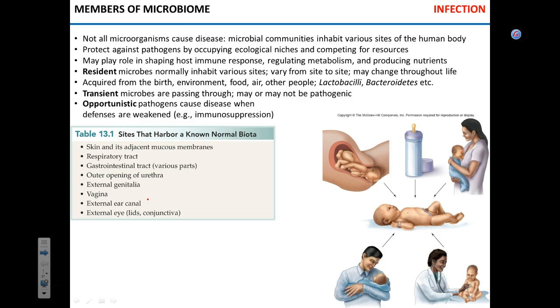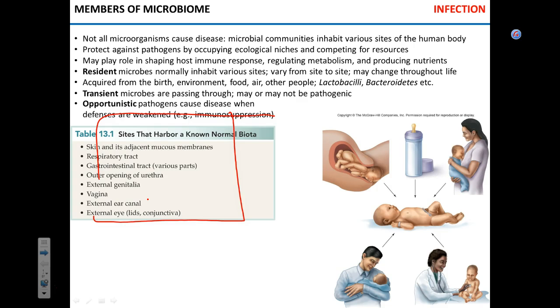There are different communities that we often refer to as microbiome, okay, that can be found in different sites of the human body. That's the brief list of microbiome. So, skin. Think about this. Everything that is in contact with the outside world can harbor microbiota.